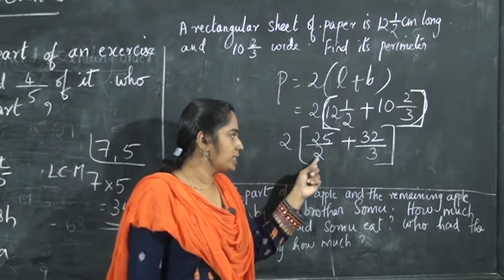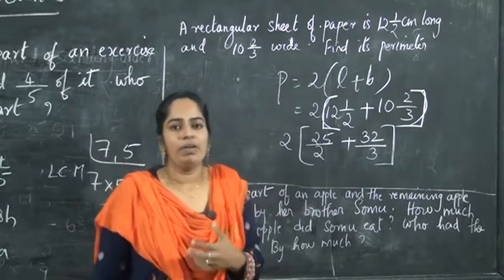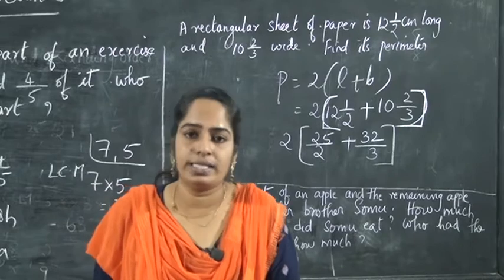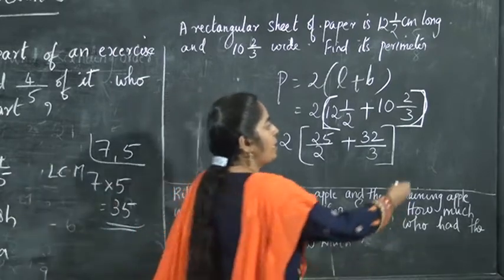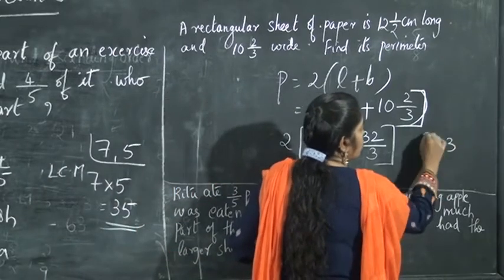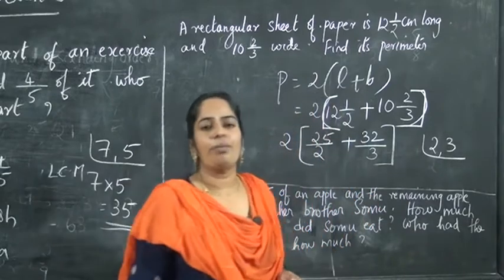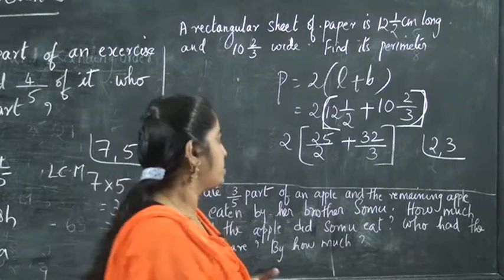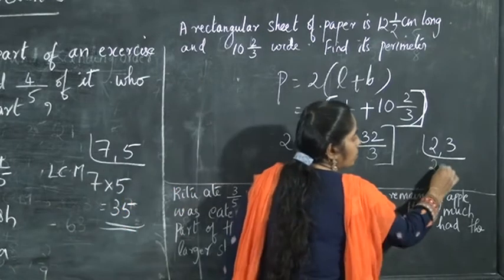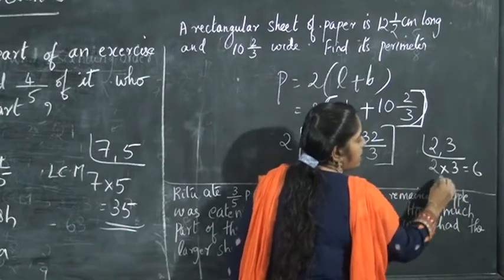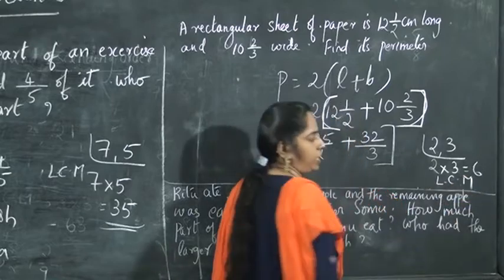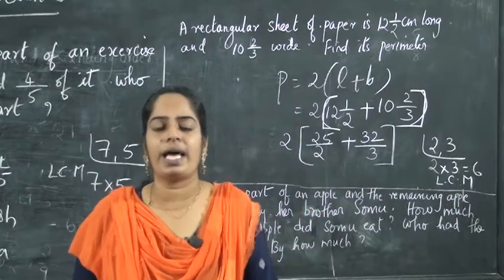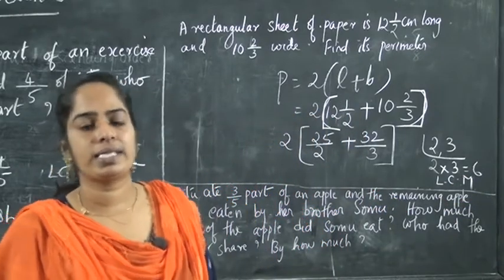So here this is 2 and this is 3. How will you find the LCM? Here we can find the LCM using 2 and 3. LCM of 2 and 3 is 6, that is 2 into 3 equal to 6. So you must make the denominator 6 here.